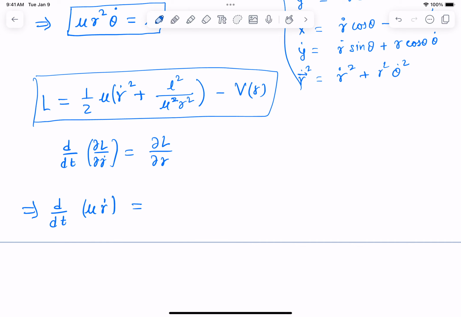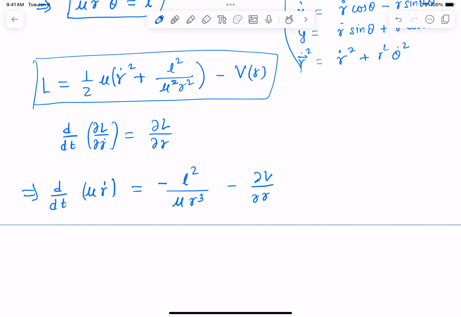So when you differentiate, you will get L squared by mu r cubed, and you will get a minus of del V over del r. Okay, that is our equation of motion.